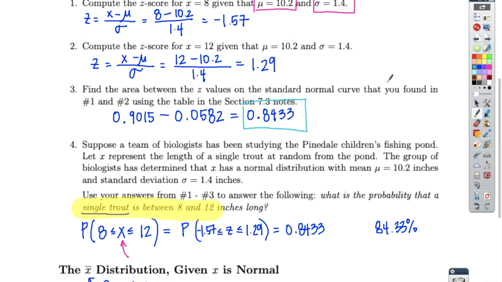Well, if there's a pretty high probability that something happens for one trout, then there's definitely a higher probability that a larger sample would sort of tend toward these values. So like, okay, maybe you catch one trout and it's, I don't know, 7 inches long. It's a little bit on the smaller side for this particular sample that we're looking at, 8 and 12 inches.